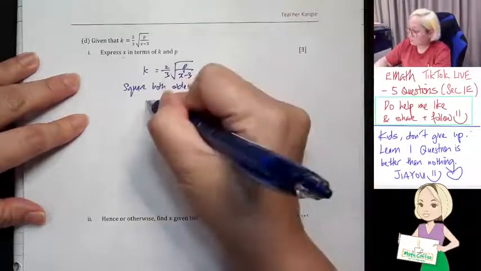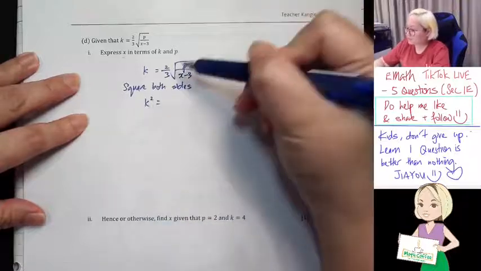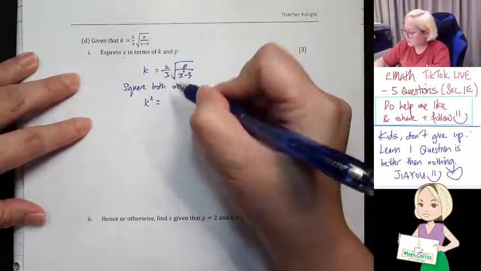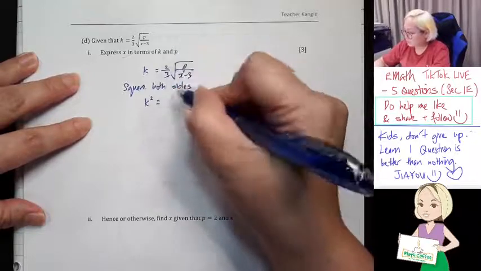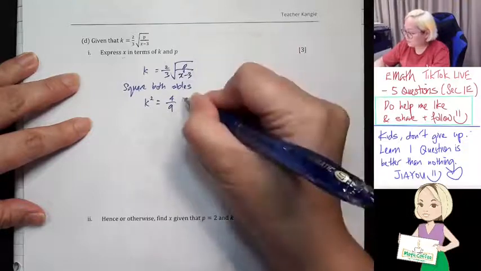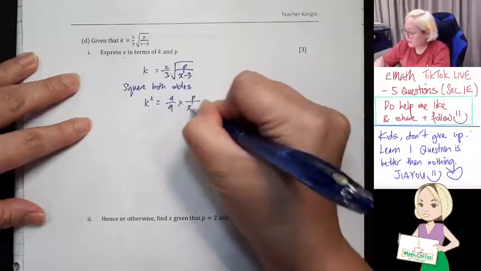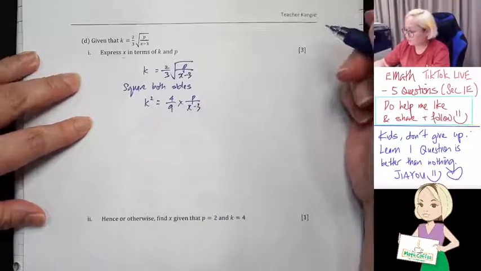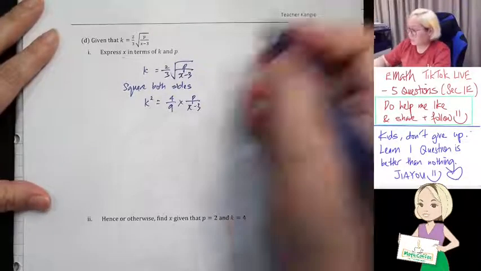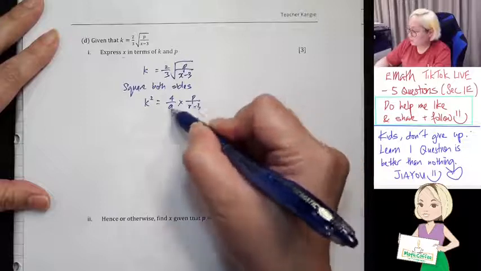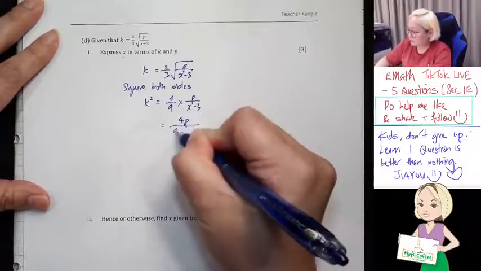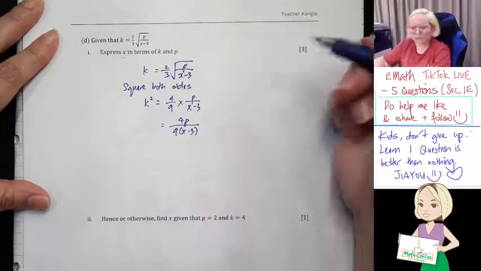Okay, so square both sides, it will be k square equals, take note, square this one, 2/3 is also square. So it will be 4 over 9, and then when you square this one, you only left with the inside. So it is p over x minus 3. Okay, so this one, I'm going to put it into a single fraction. 4 times p, so it's 4p over 9 times x minus 3.